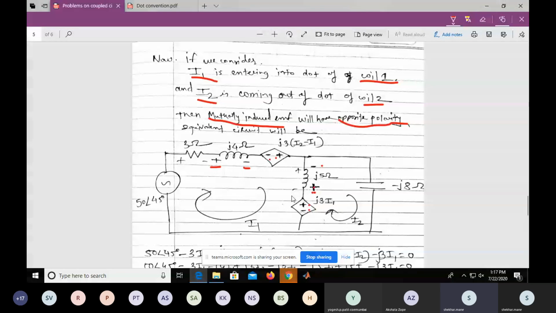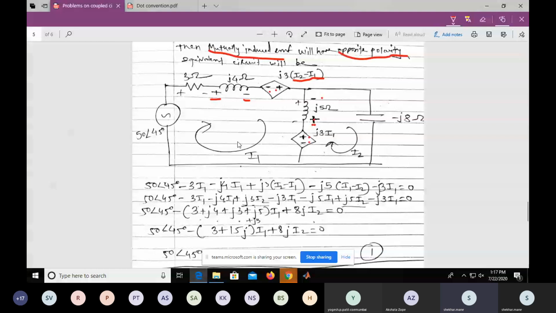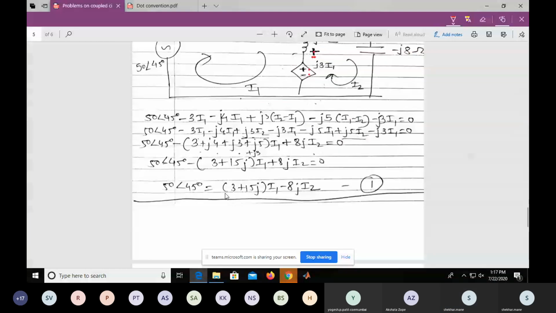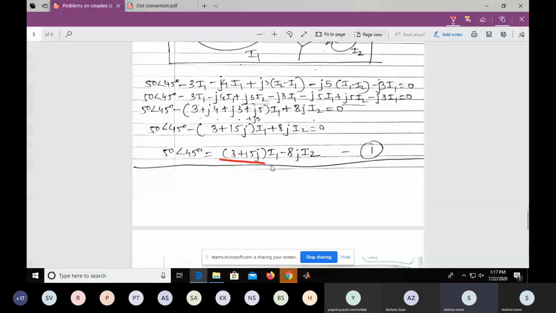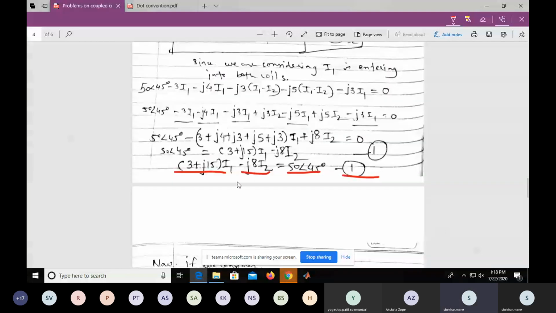And here in coil 1, the mutually induced EMF is because of I2 minus I1, because we are considering now I2. Now with this, if we apply KVL, then again we get the same equation: (3 plus j15) I1 minus j8 I2, and see, both are the same.